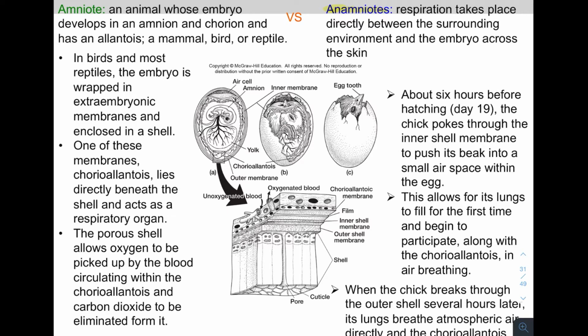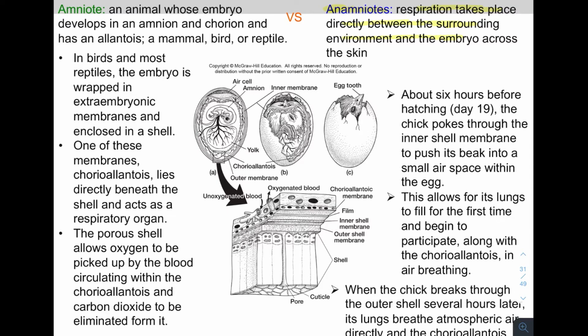And basically these fluids develop within these membranes that surround the embryo. So anamniotes don't have as many membranes, and so they don't have as many layers of fluid around them. This allows them, however, to respirate directly between the surrounding environment and the embryo across the skin.